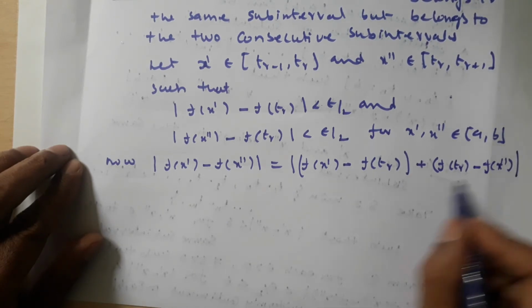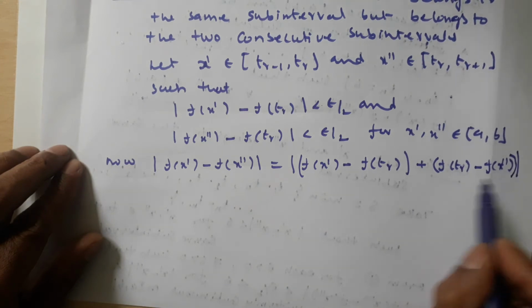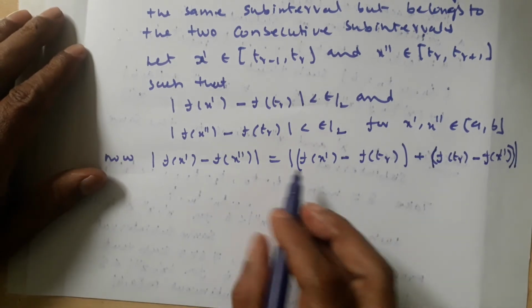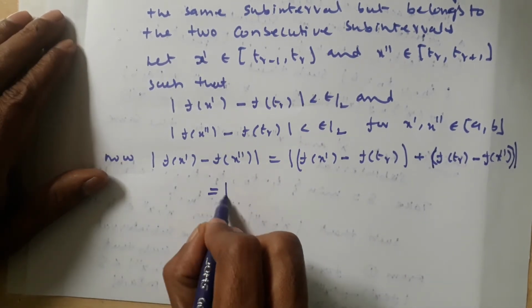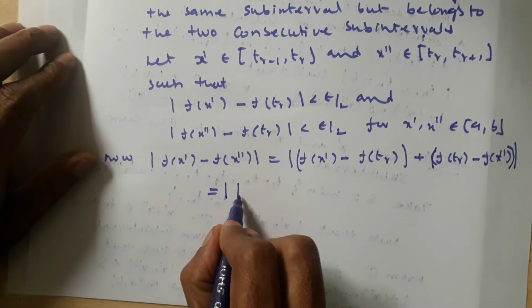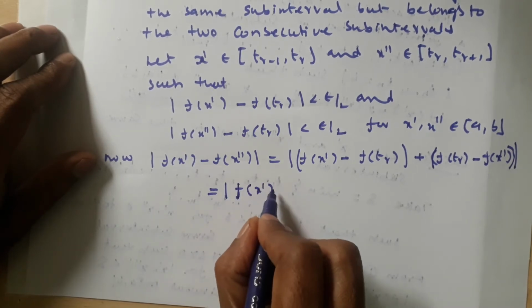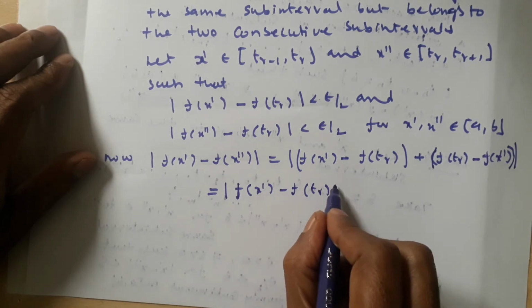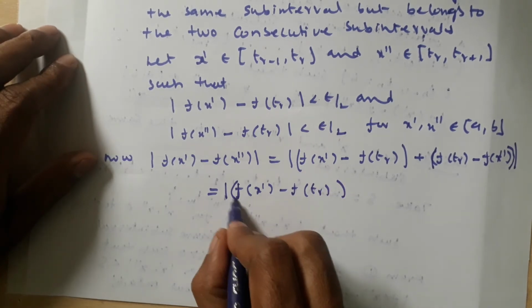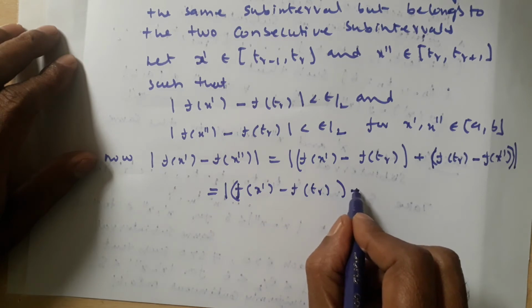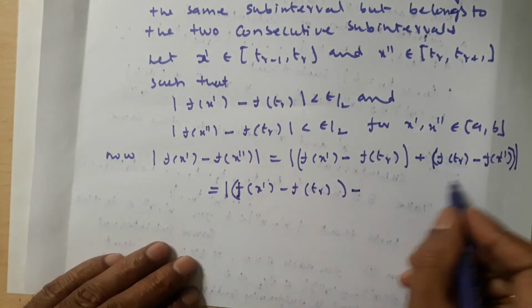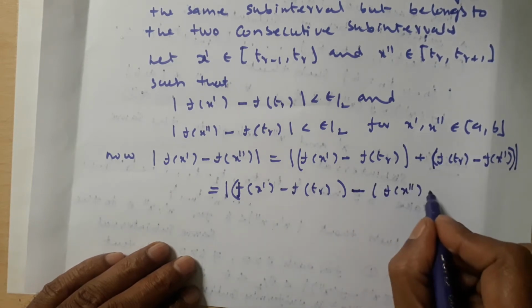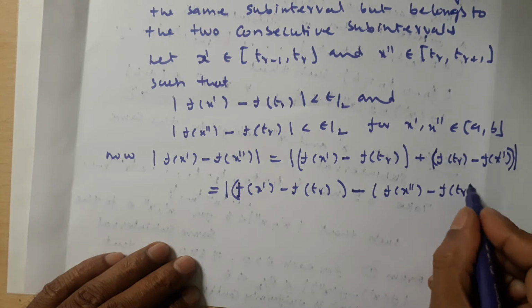So here, adding and subtracting f(t_r), this is equal to |f(x') - f(t_r)| plus, or minus, if you take minus common, f(x'') - f(t_r).